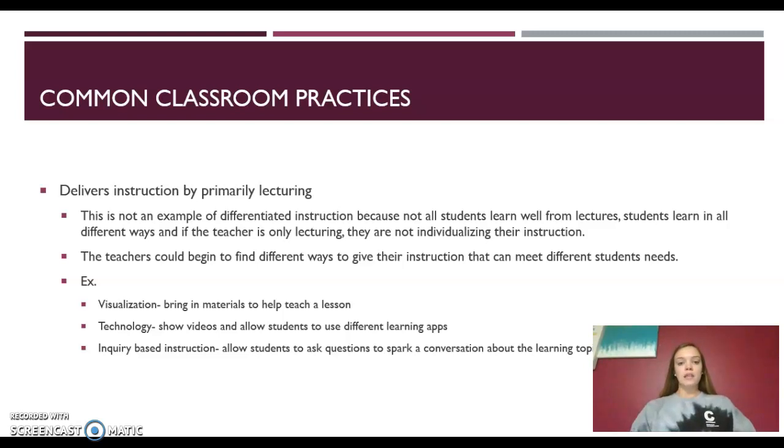By only lecturing, the teacher is not giving their all to their students, because hands-on learners need things to touch and feel and know what they're learning. A way to change this would be that teachers could find different ways to give their instruction that meet their students' needs, like hands-on learning so that kinesthetic learners can get the most out of that assignment.